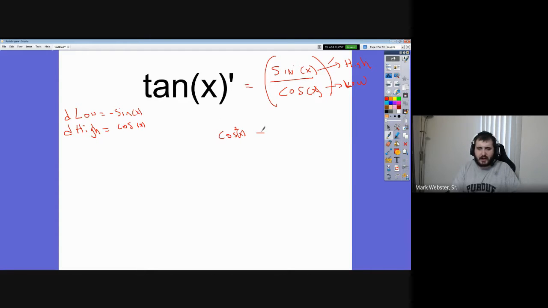With this other negative sign, minus a minus is a plus, over low squared. Low is just cosine, so on the bottom is cosine squared.